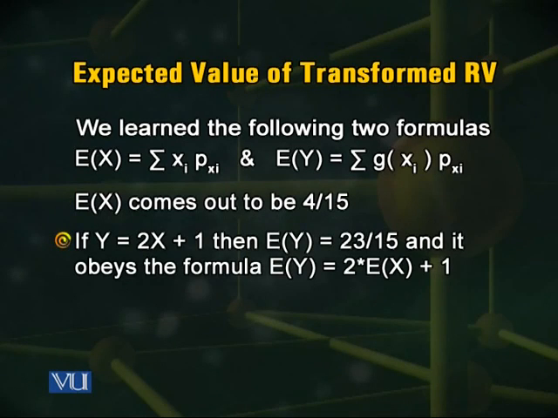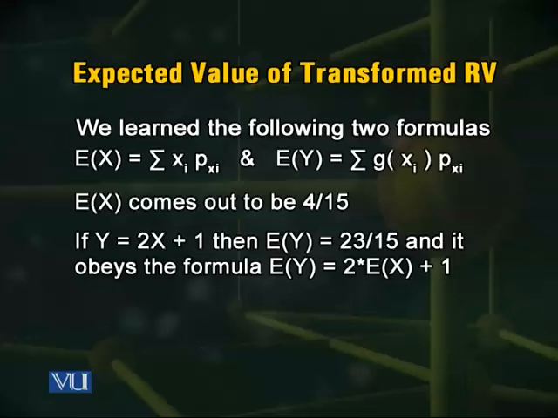This gives us a random variable y, and if we take the probability mass function of this random variable y and find the expected value of y, we see that it comes out to be 23/15. Now, the interesting thing is, look at the mapping, it is 2 into x plus 1.